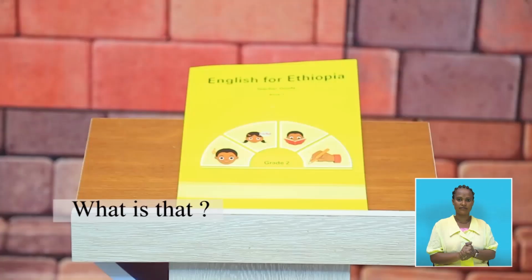Children, what is that? That is a book. We use the word that when the objects are farther away from you or from us. Is it clear? That's good.